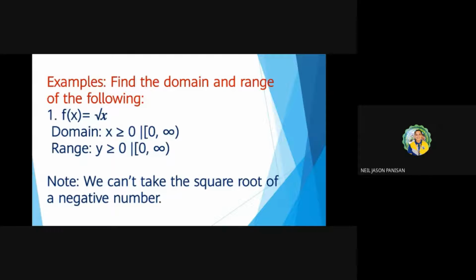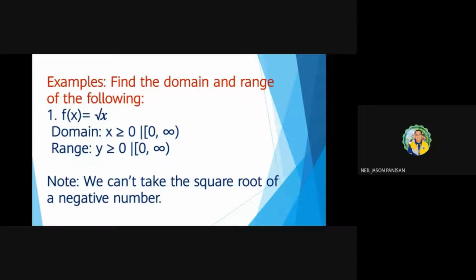Based on the properties of the square root function, note that we cannot take the square root of a negative number. Why? Because if we find the square root of any negative number, the result will be imaginary. So dili nato siya makuha ang iyang solution.